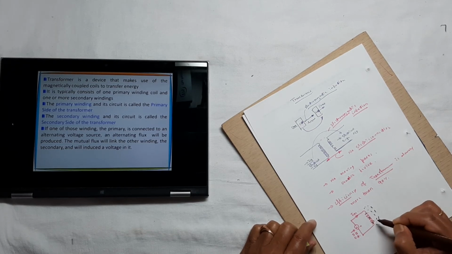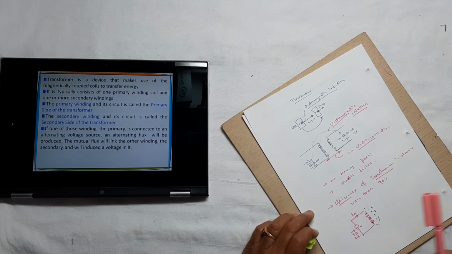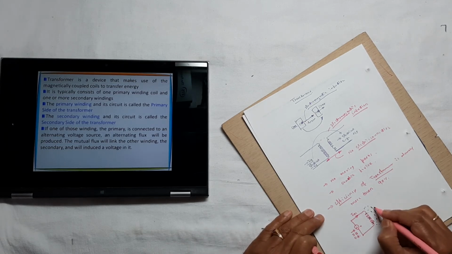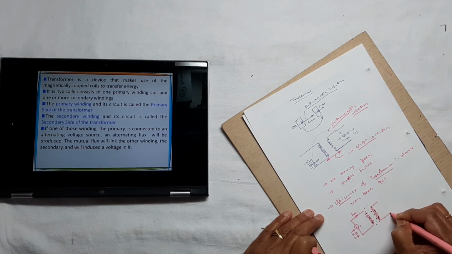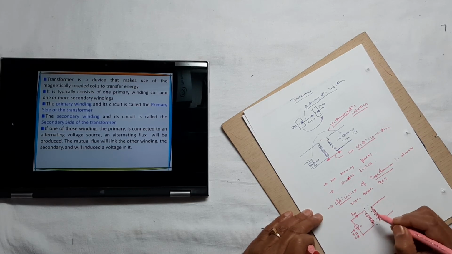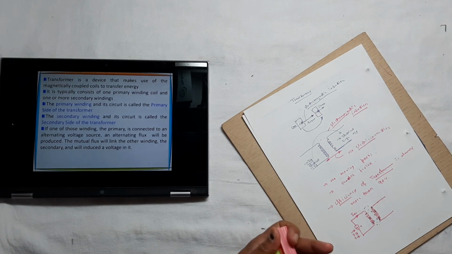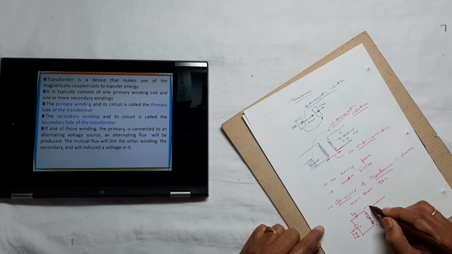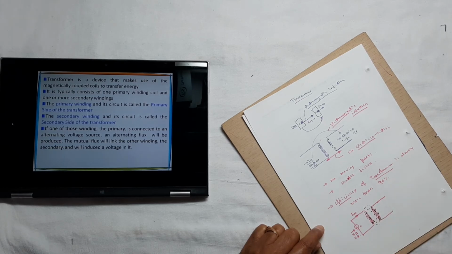Then I have got another winding nearby to the same winding. Whatever flux is produced by the first coil is linking with the second coil. See here, this is linked by the second coil.